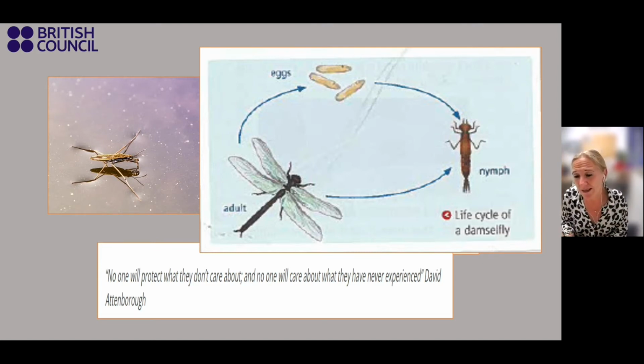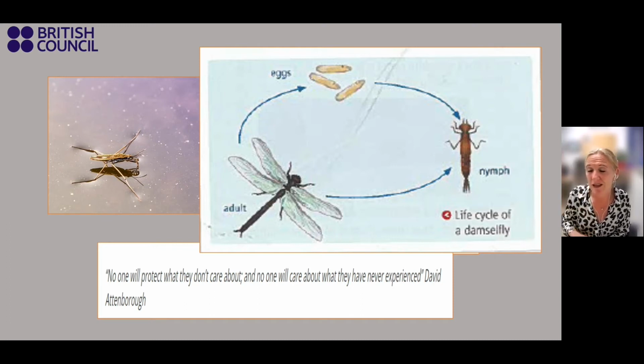So this is an image and then a text in a moment that comes from the textbook by Macmillan about science, biology in ESO. And it's talking about the life of a damselfly. A damselfly that we know what it is because we've seen it. We're interested. We're going to have a look. We're investigating. We've discovered what it is.